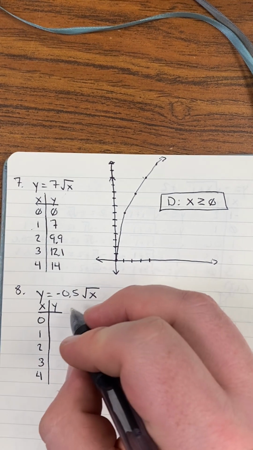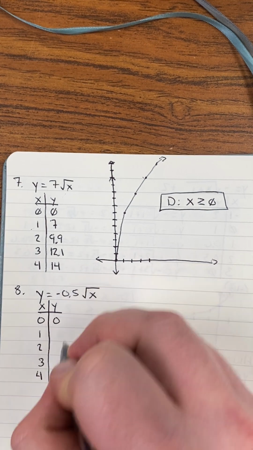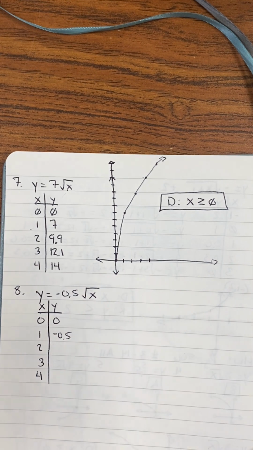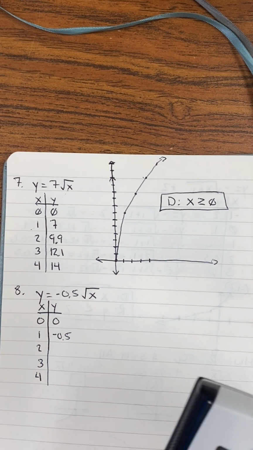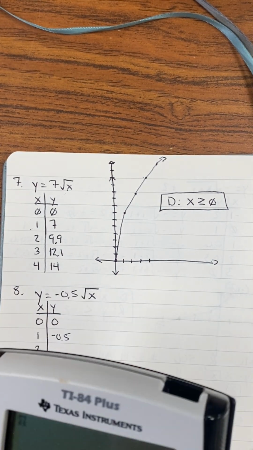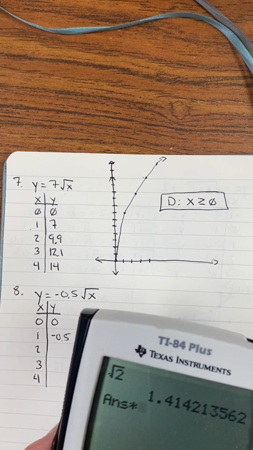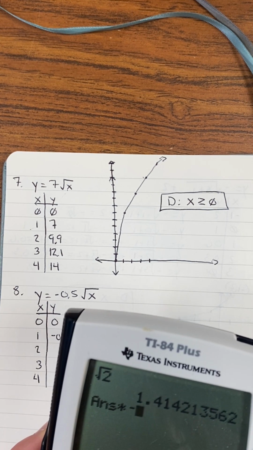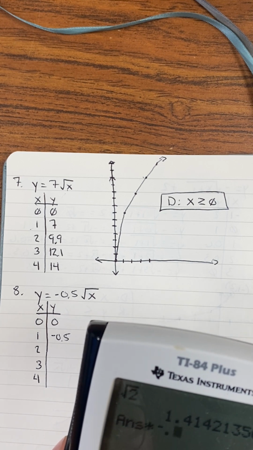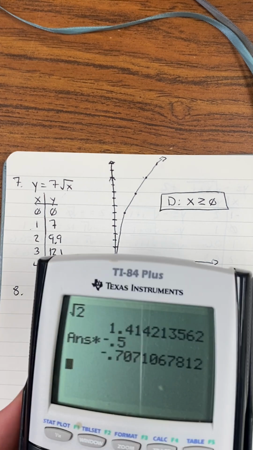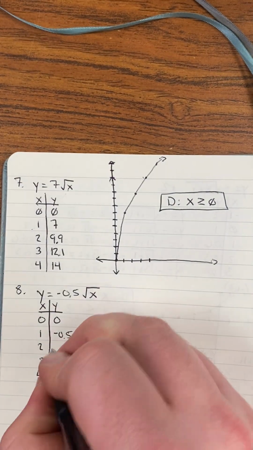Same type of problem. 0, negative 0.5. All right, gotta pull out my calculator for these two. Square root of 2 times negative 0.5. So I got negative 0.7.